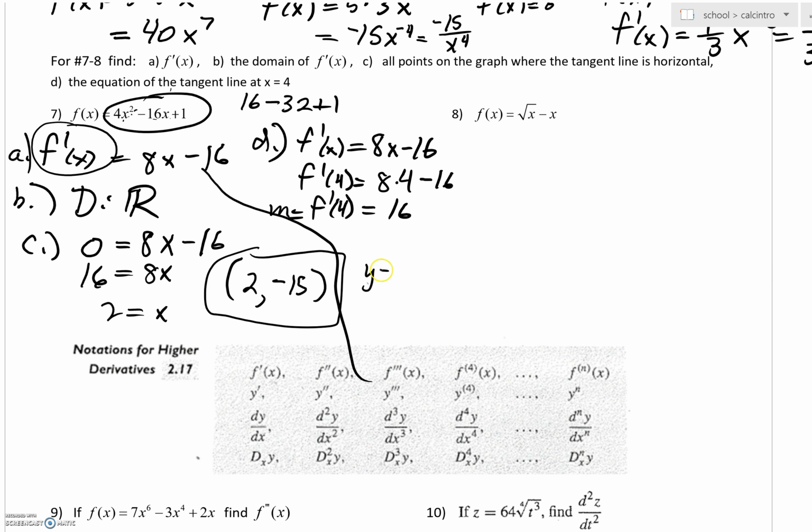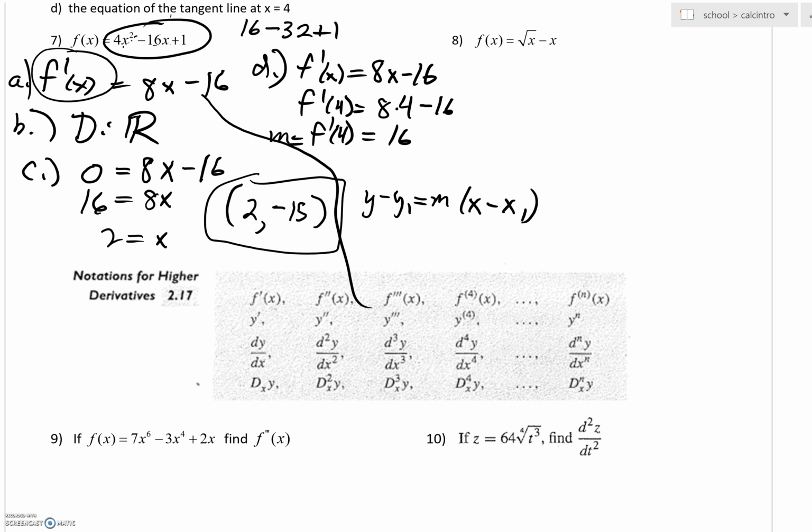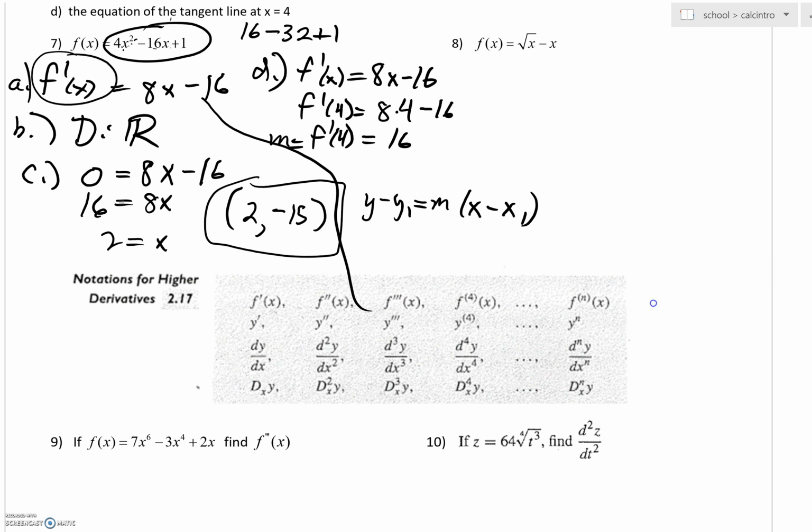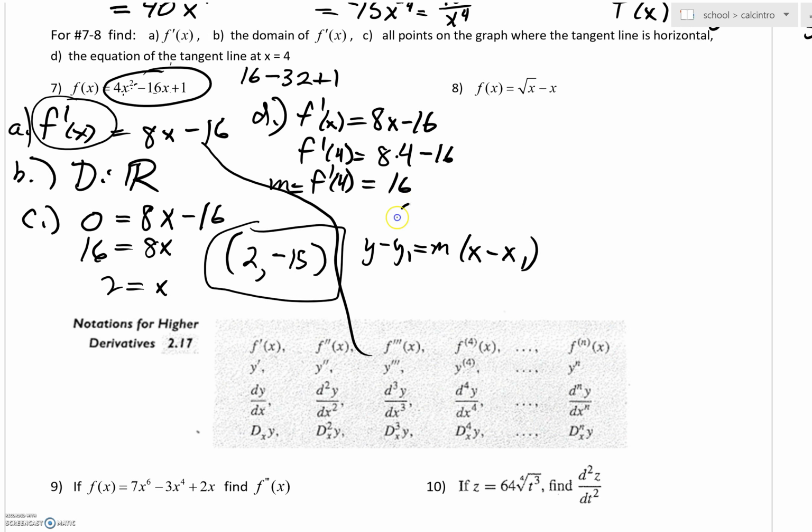And of course, to get the equation of a line, guys, we want to go back to point slope. And as we do that, I hope you can see real quickly that we could find 4 comma something. 4 squared is 16, and 16 times 4 is going to get you, what's that? 64. Minus, 16 times 4 is also 64. So it's just a 1, isn't it? You've got the point 4 comma 1 there.